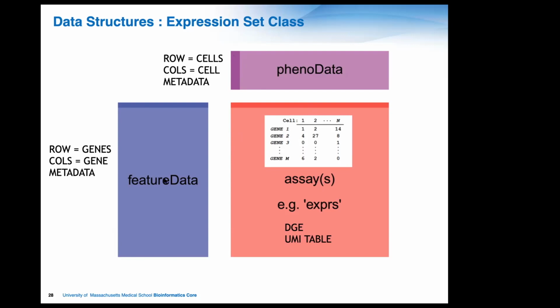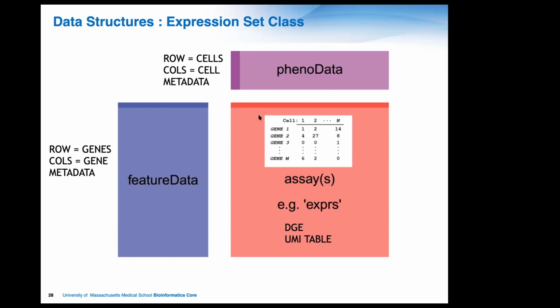They might have a different name; Seurat doesn't call it feature data, I think it calls it gene data or something like that. But suffice to say, while the details of how these things are stored might be slightly different, your Seurat object has these same three tables in it. So just keep in mind that the exact data structure we're working with today is a little bit different, but the principles are the same.